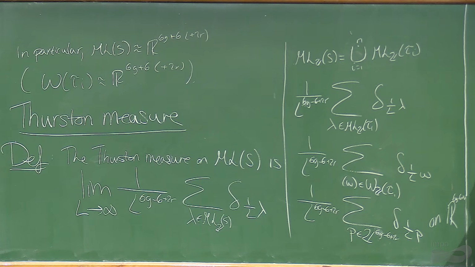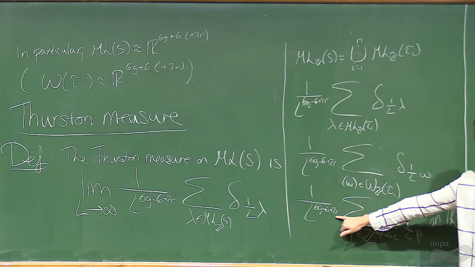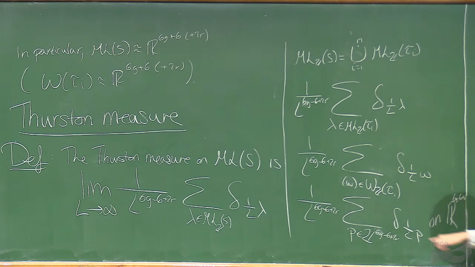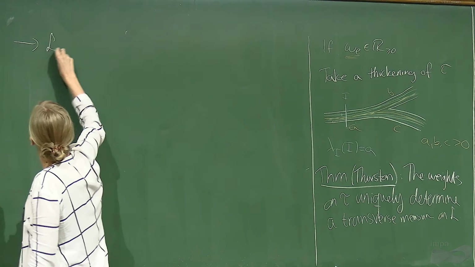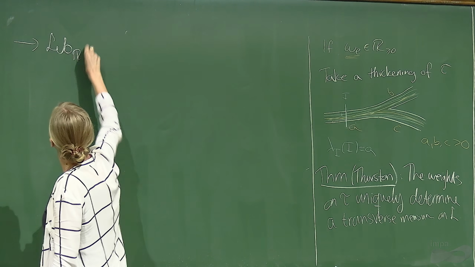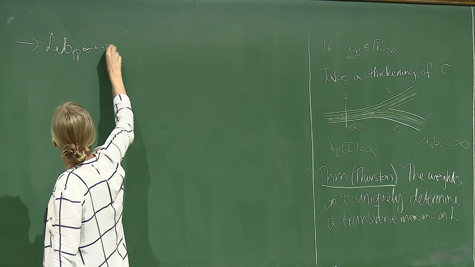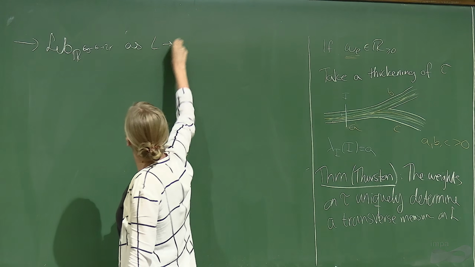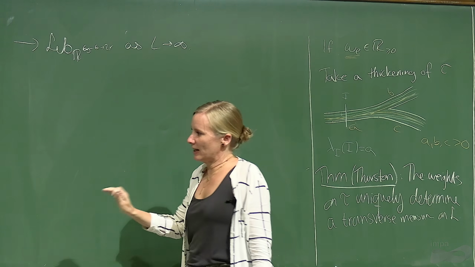It's as if in the limit it's supported on every real number, and then dividing by the dimension of the space, this is a Lebesgue measure in the limit. So this thing here goes to the Lebesgue measure on R to the 6g minus 6.